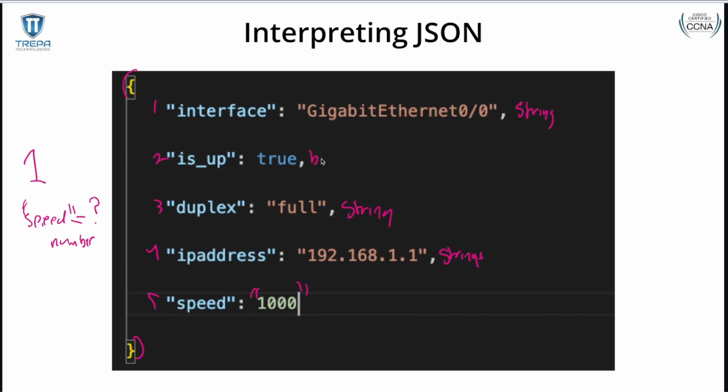We have 1 Boolean, and notice how in JSON it doesn't have to be a capital T. It doesn't matter. But that is a Boolean, and you can tell because, again, there's no quotation, so it's not a string. And then here we have a number. So that's how we interpret JSON.